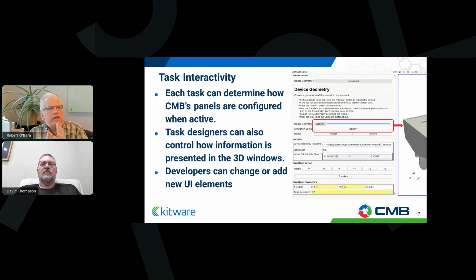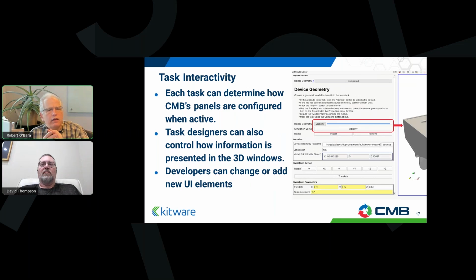Interactivity. Each task can determine how CMB's panels are configured when active. So as David showed, he selected a task. Suddenly the 3D screen changed. Also, the 2D attribute editing panels, for example, changed to reflect what the agents in that task want the user to do. This can be really useful.